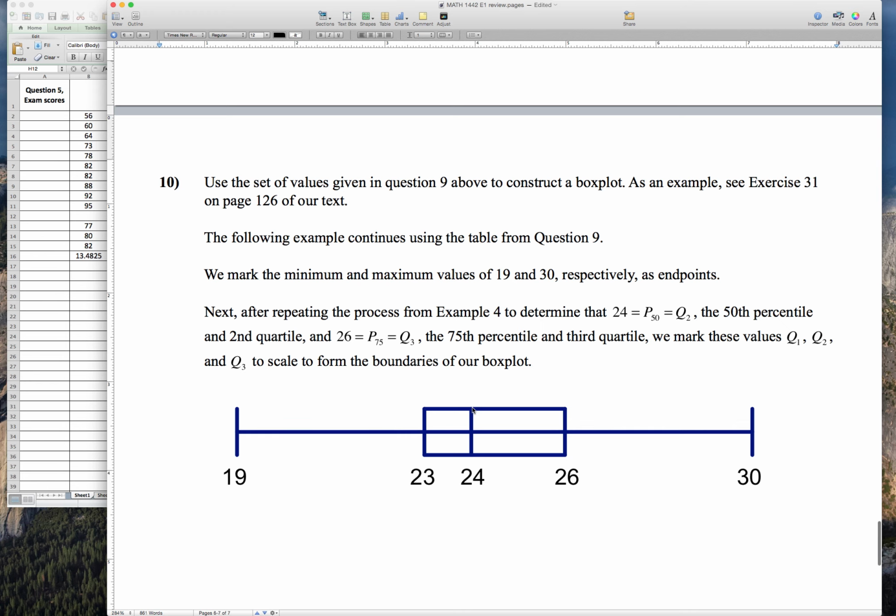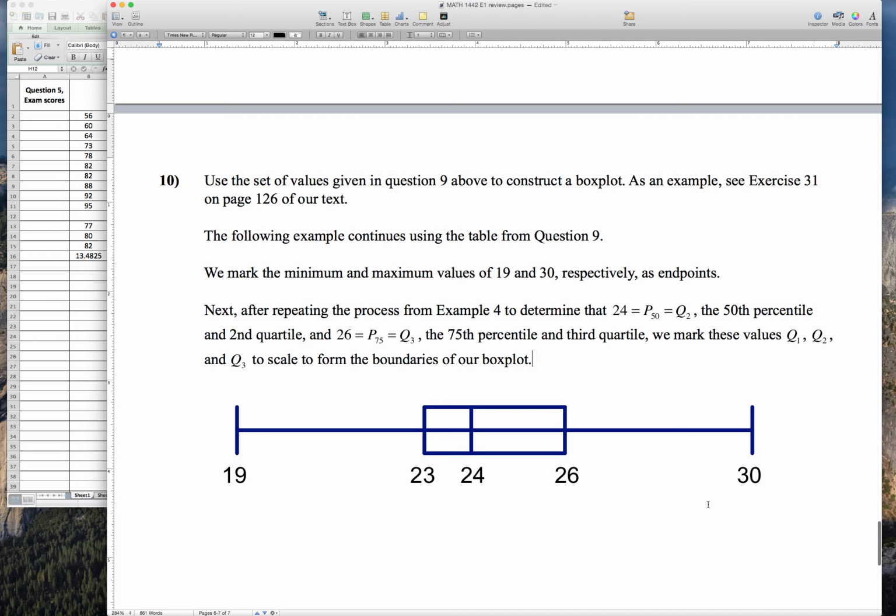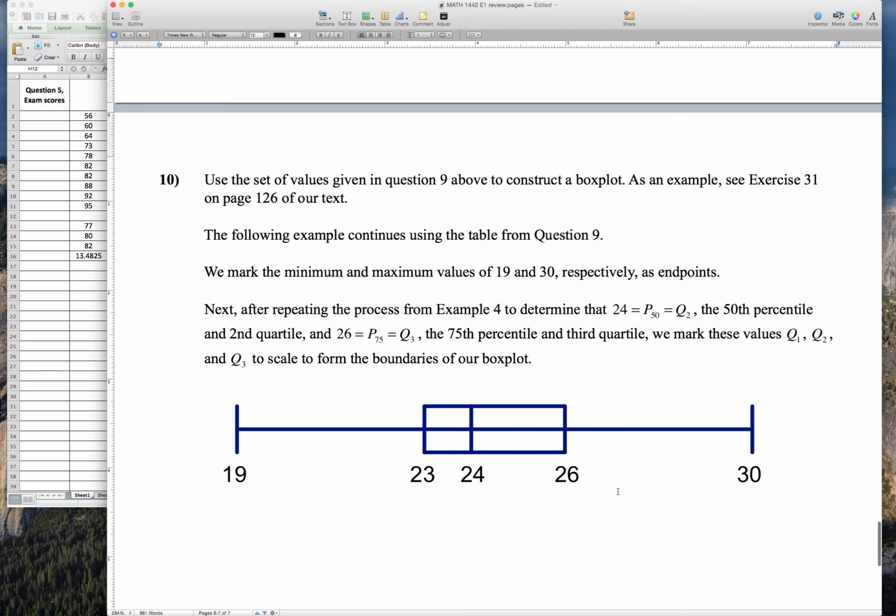So we mark each of those on a number line and draw a box around it, and so there's our box plot. And this shows us that the data values here are fairly normally distributed. I mean, they may not be exactly, but they're pretty close to normal.